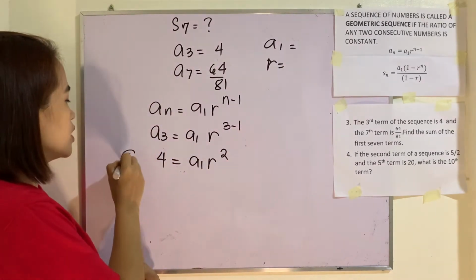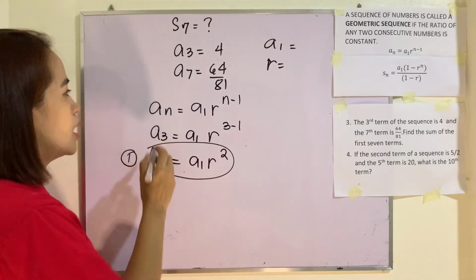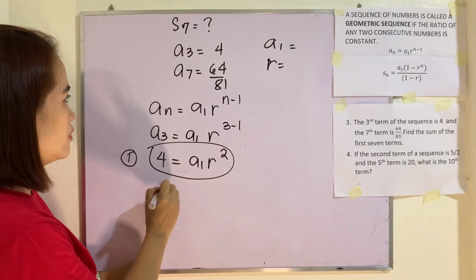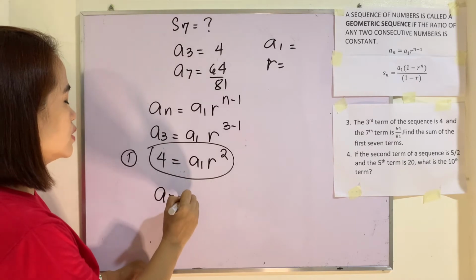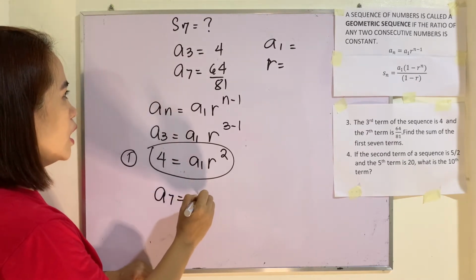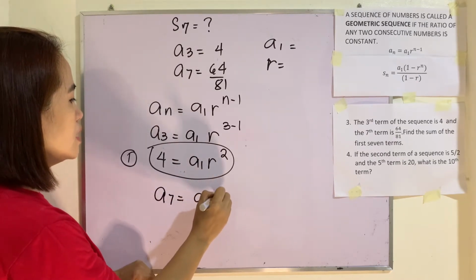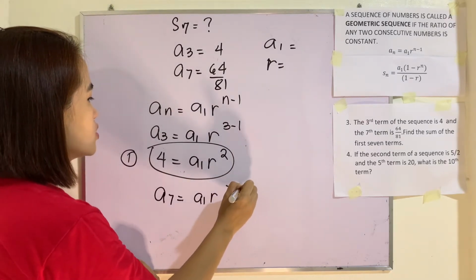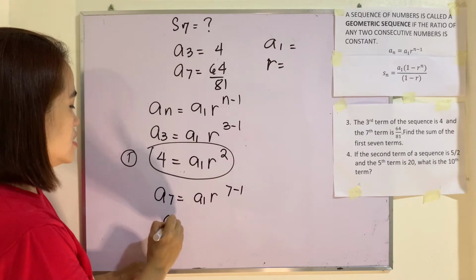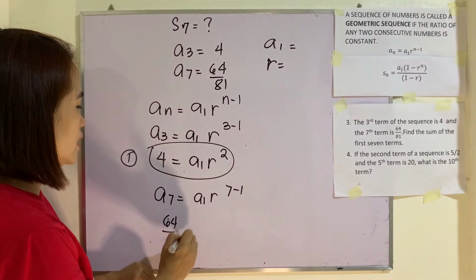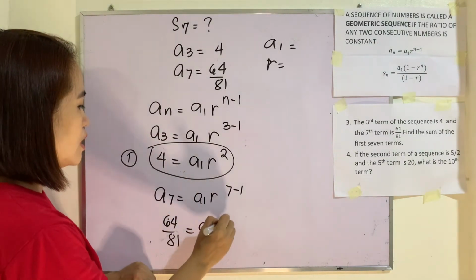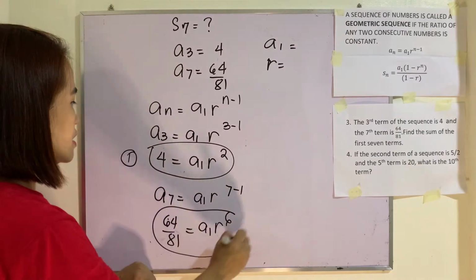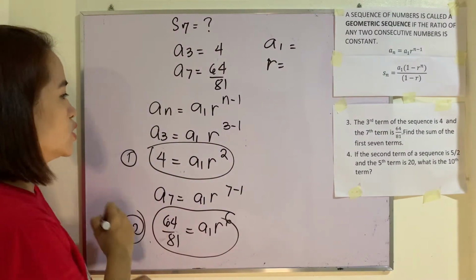This one is equation number 1. Our equation number 2, you have A sub 7 is equal to A sub 1 R raised to 7 minus 1. So we have 64 over 81 is equal to A sub 1 R raised to 6. This one is our equation number 2.